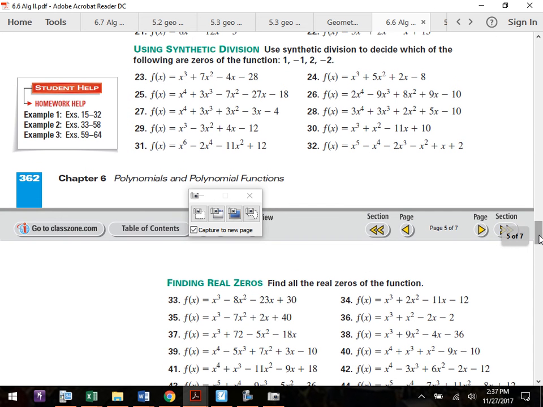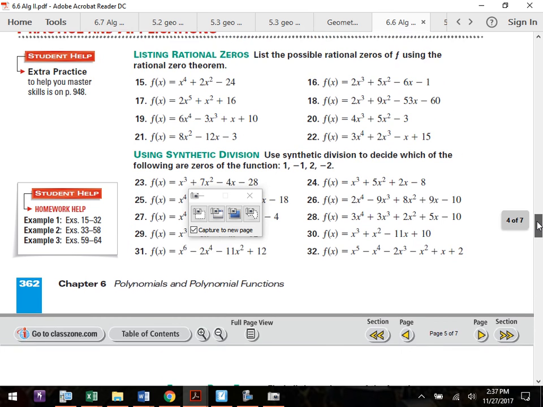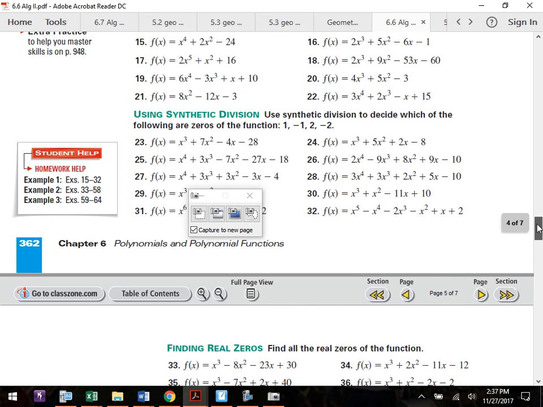I want you guys to do numbers 16 through 36 evens on this.